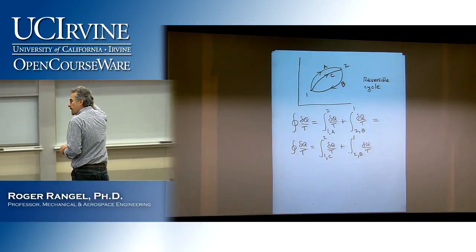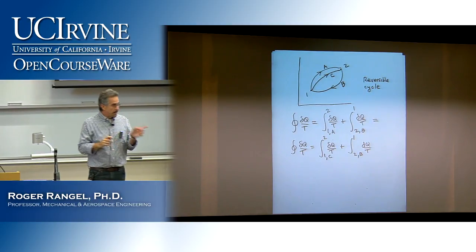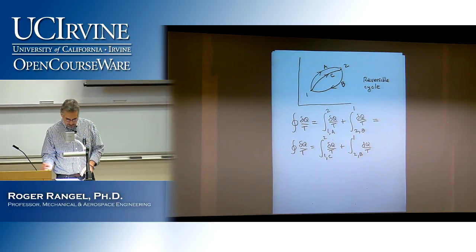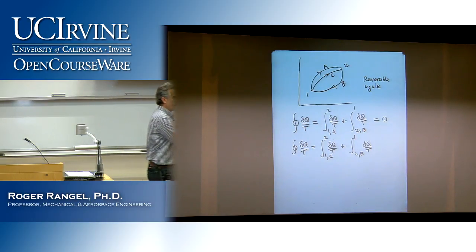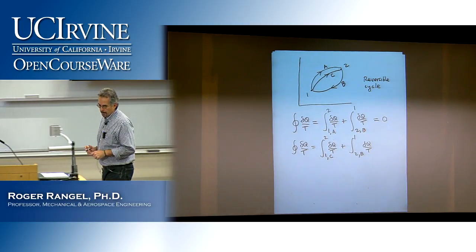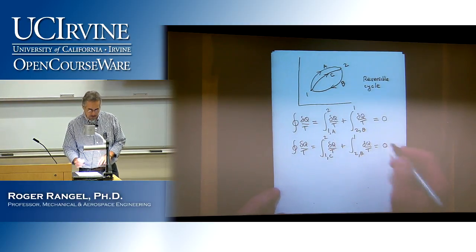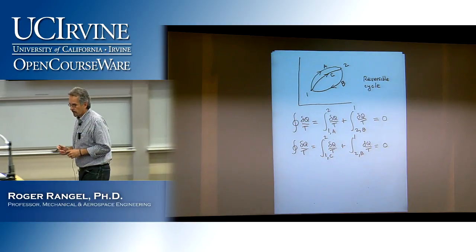Even though I did it for a reversible Carnot cycle, the result is the same for any ideal cycle. So this is 0. We just proved it for the Carnot heat engine. And this, of course, is 0 too, because I'm also going on a reversible cycle.